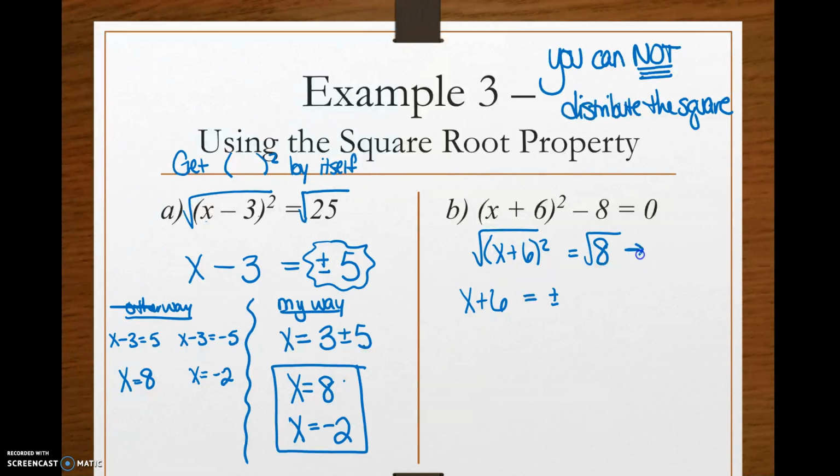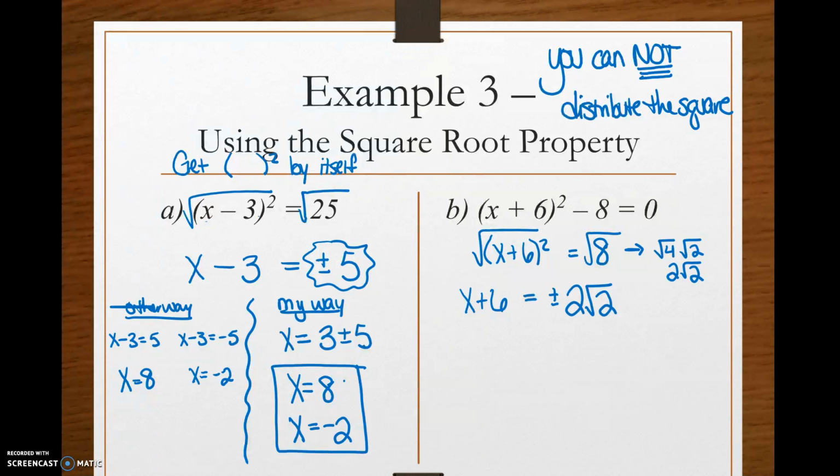We can take the square root of 8 and simplify it. How can it be broken up? Square root of 4, square root of 2. Remember, you want to use a perfect square. The square root of 4 is 2. So this is 2 square root of 2.